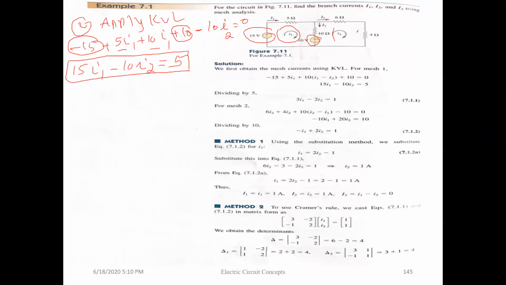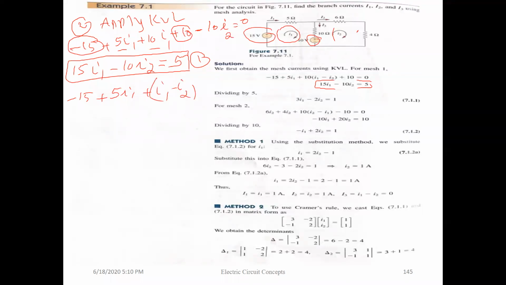Okay, so this is equation number 1, which is similar to what the book has. So this is labeled 1. And again, if you want to use the same way as the book, you could start with minus 15 plus 5I1. And then when you come to the resistance that is in between the two loops or two meshes, we start with I1 minus I2.